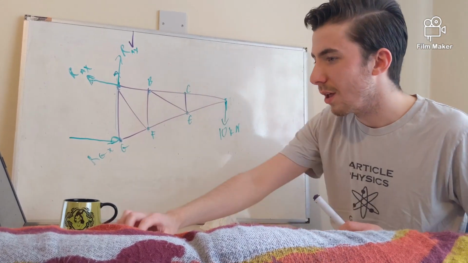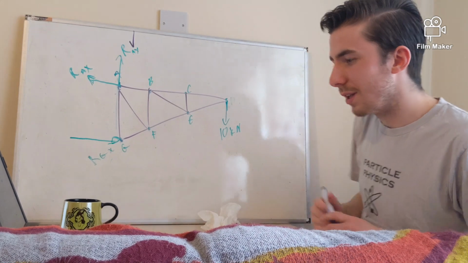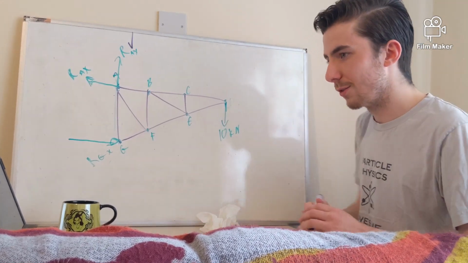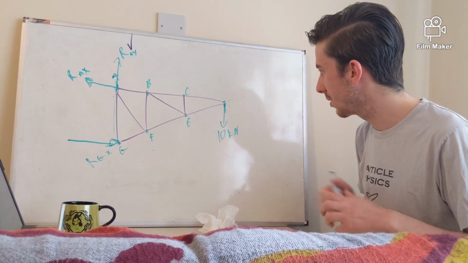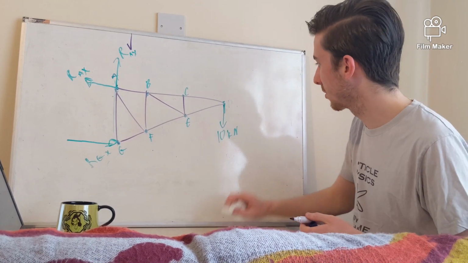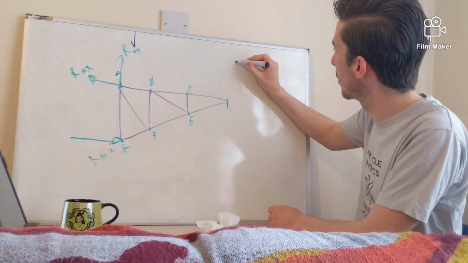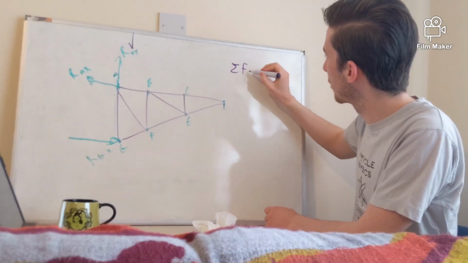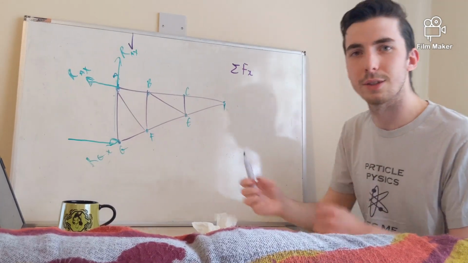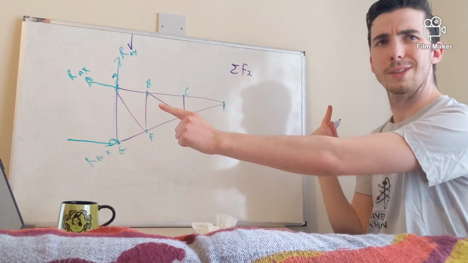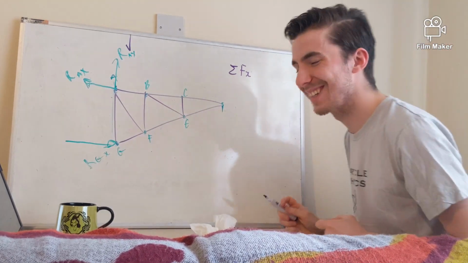Anyway. So, next, what's the other one from vertical? Horizontal. So, we don't need that anymore. Get rid of that. So we need the sum of the forces in the horizontal direction, which is that way.